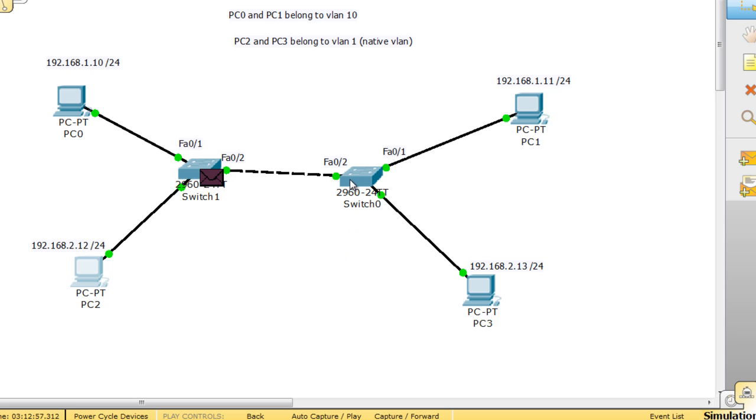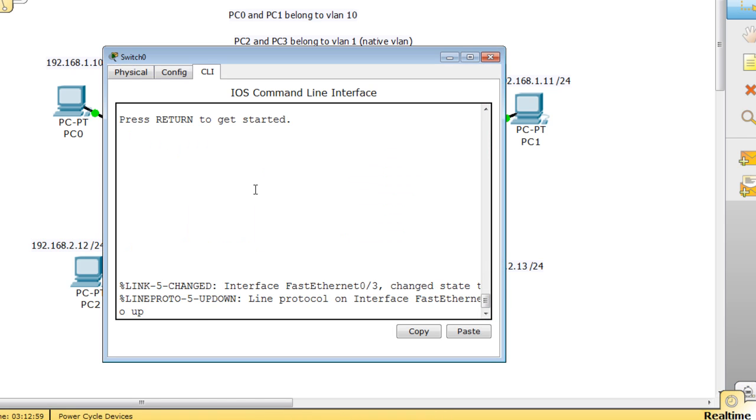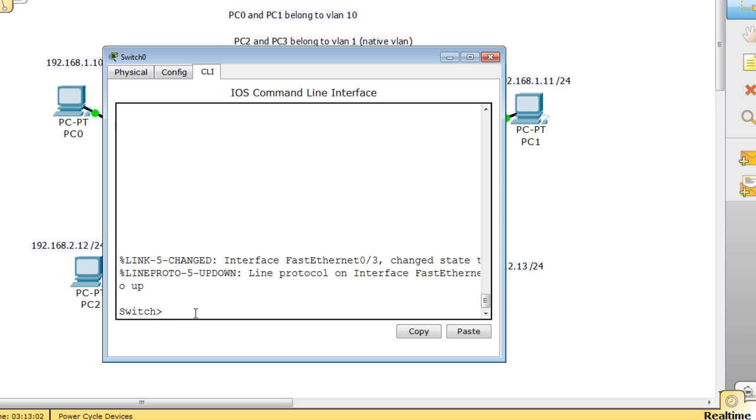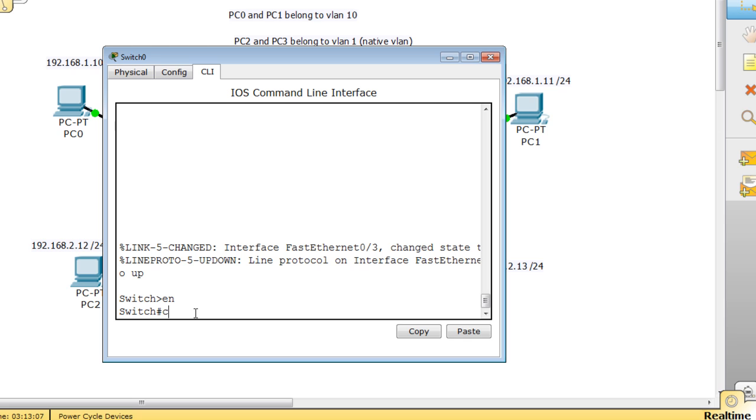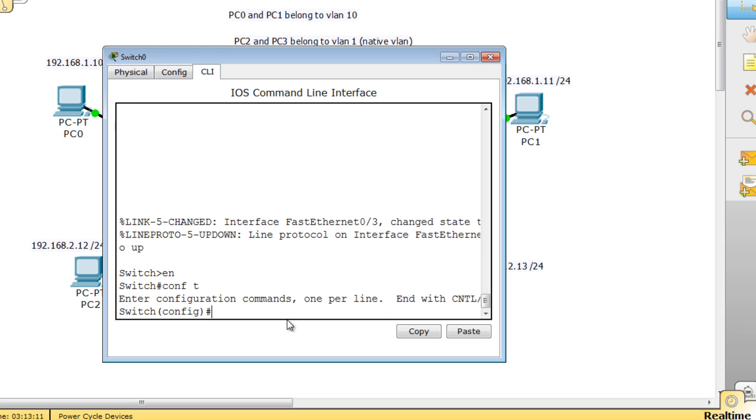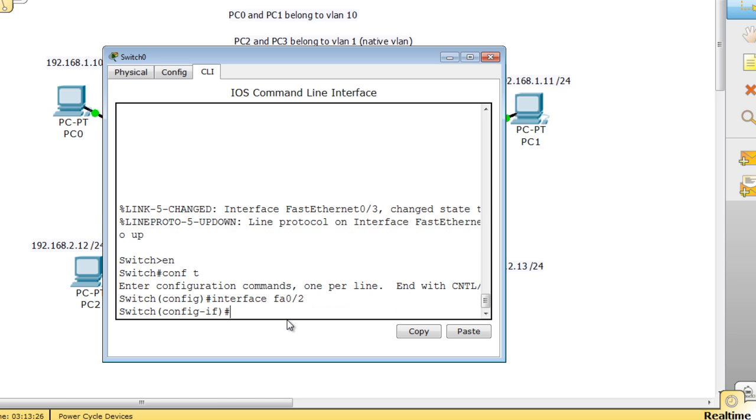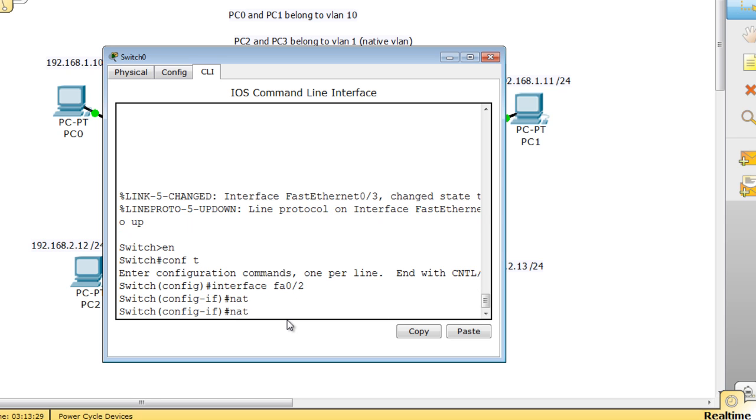So let me go to switch 0 real time, and I'm gonna go config t, and I'm gonna do interface FA0/2, and I'm gonna do, I think it's native VLAN.